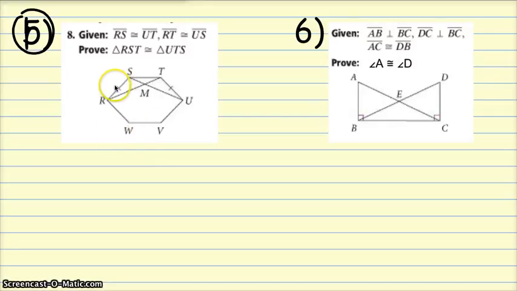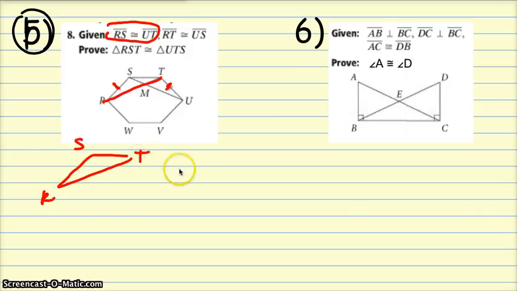So when it says, for instance, this here, here and here, and RT, it's really hard to mark RT because it's so long. So that's where you have to redraw the diagram, RST, and then I have STU, STU.